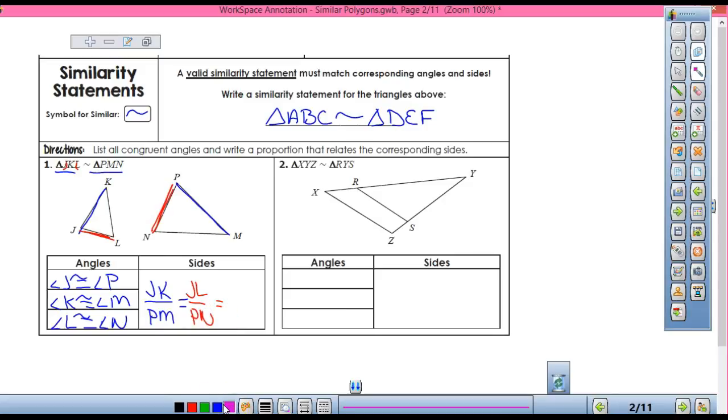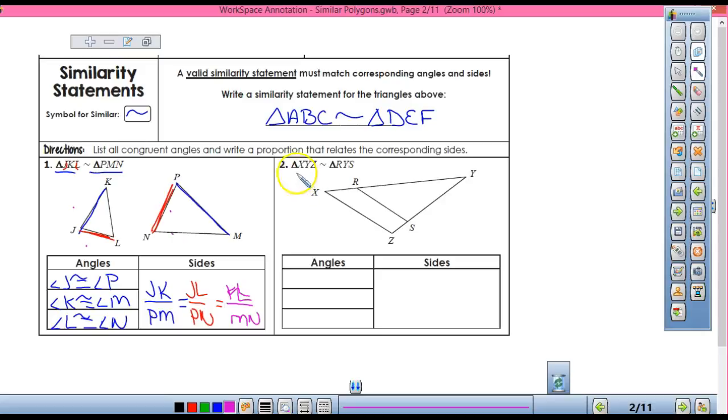Is equal to KL goes with MN. Notice how every time all my top goes with this triangle, all my bottom goes with this triangle. So you got to make sure that if you start going from here to here, you end up going here to here. Otherwise they're going to be flipped around.